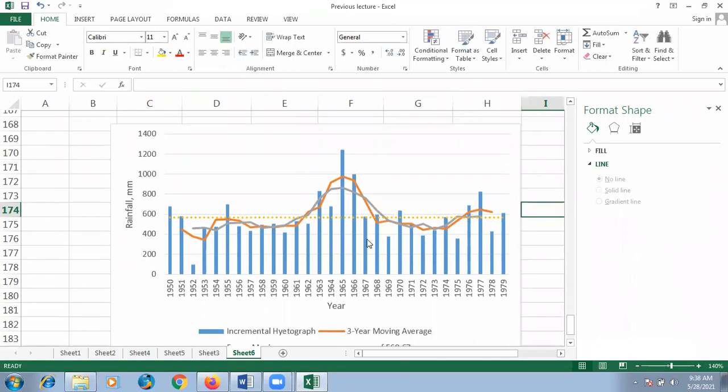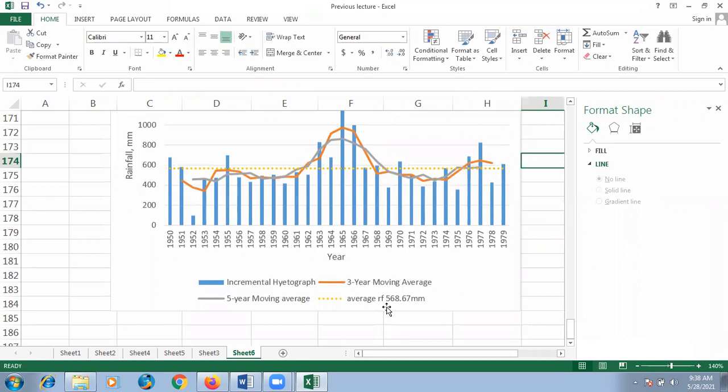See, look here. Average rainfall 568.67 mm is shown by this yellow line. Now, if you wish to understand which are those years which have a rainfall greater than average, you can easily understand. 1950 is above. Similarly, 1955 is above.